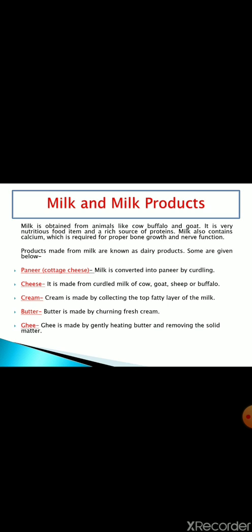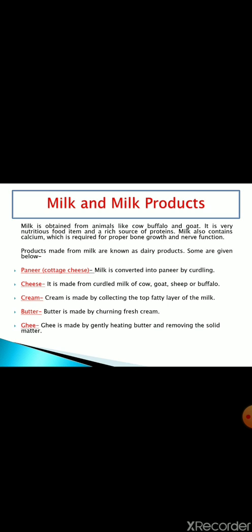All the protein will become solid and the rest of the things like the water content of milk will be separated from the paneer. In this way you can take out all the protein part, which is the solid part, and it is called paneer. So this process was curdling, and through this curdling process you can convert milk into paneer.